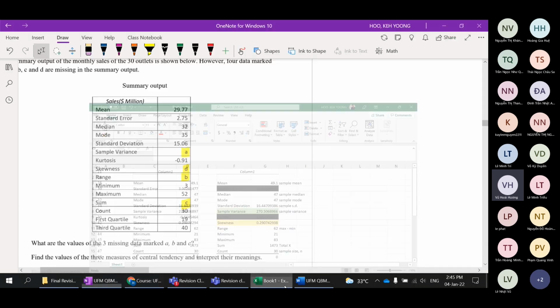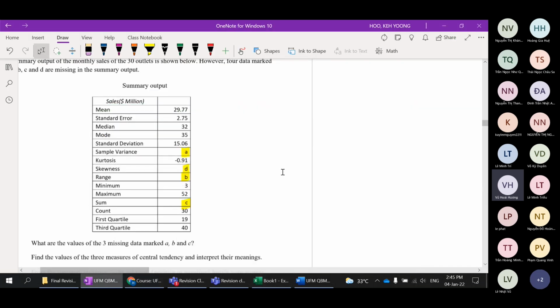Because you don't have the ungrouped data given, you don't have the 30 data, you can't find the total x squared. So what we do here is we square the standard deviation, because we know that the sample variance s squared is the sample standard deviation squared. So to find the value of A, you square 15.56.